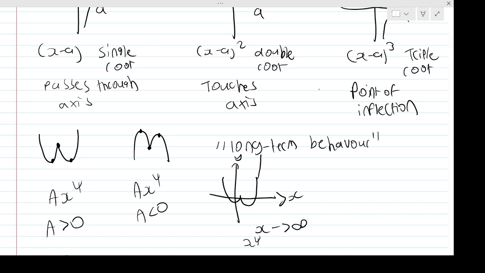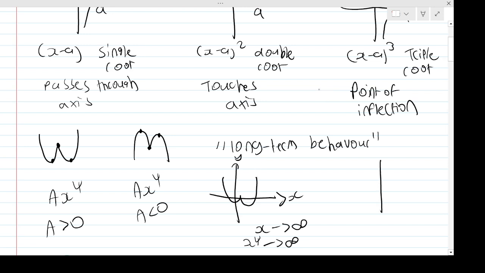So the way the graph increases overall for the long term only depends on x to the 4. So if x is a really big positive number, x to the 4 is also going to be a really, really big positive number, right? So x to the 4 will also go to infinity, which is why when you have a positive quartic graph, it will go up to infinity that way.